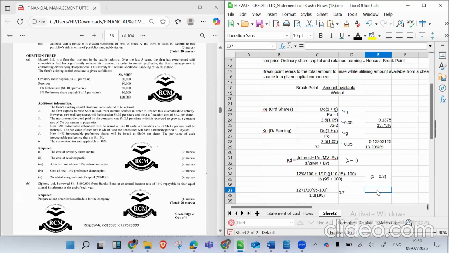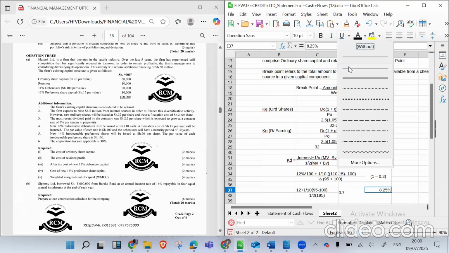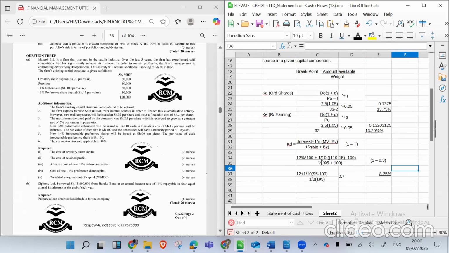So pressing on the calculator, what do you get? Okay, so this is 8.25%. That's percent, I confirm. 8.25%. Thank you. So that is the Kd of the debentures.